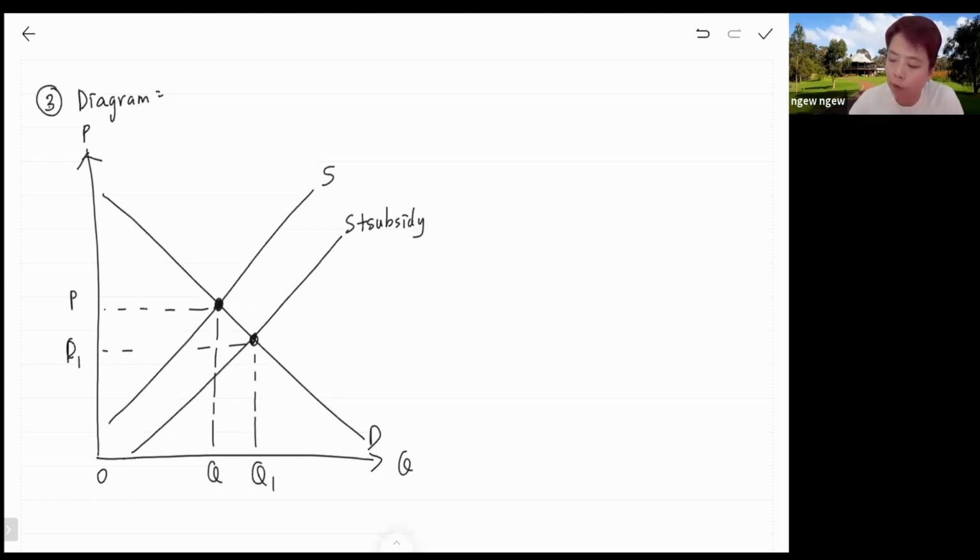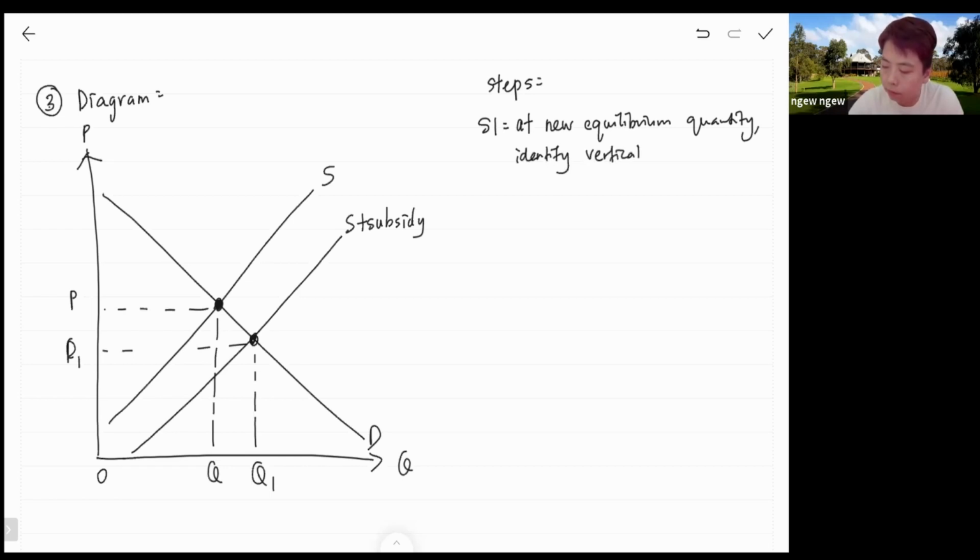Now let's state what the steps are. Step 1, at the new equilibrium quantity, this is very important, identify the vertical distance between the two supply curves.